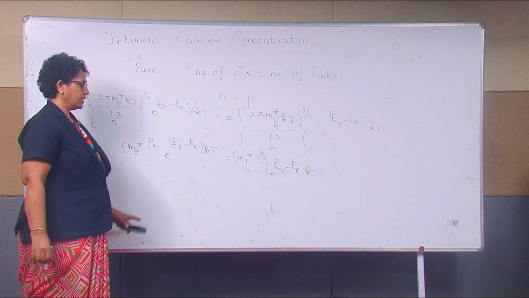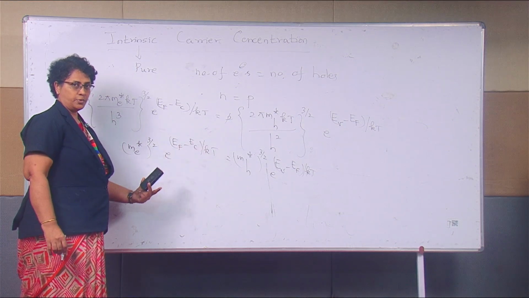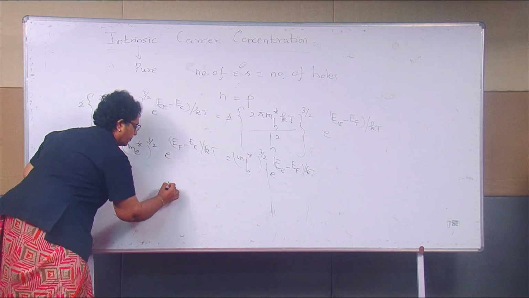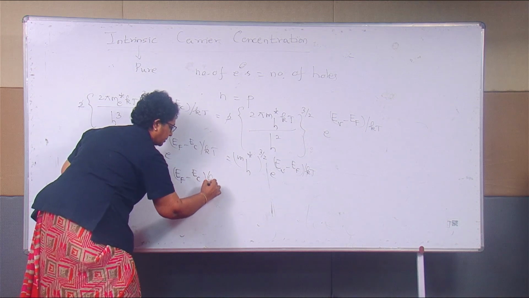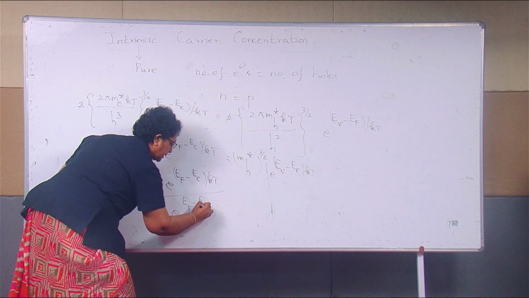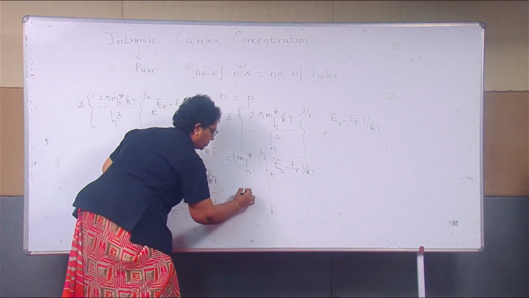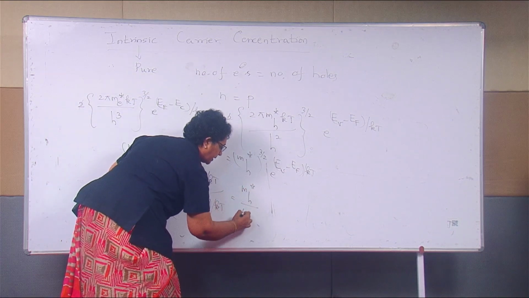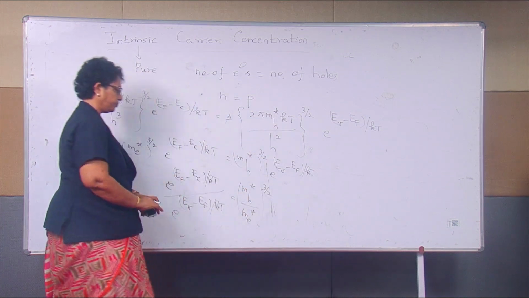So everything gets cancelled. Now you bring all the m stars to one side and exponentials to the opposite side. So e to the power of (EV minus EF) by KT is equal to mh star by me star to the power 3 by 2.